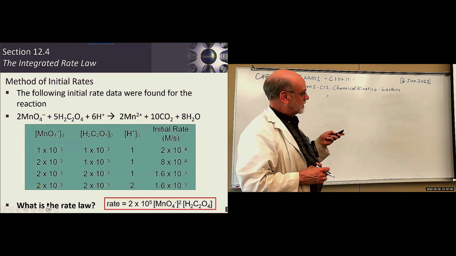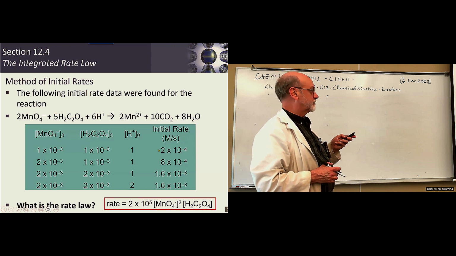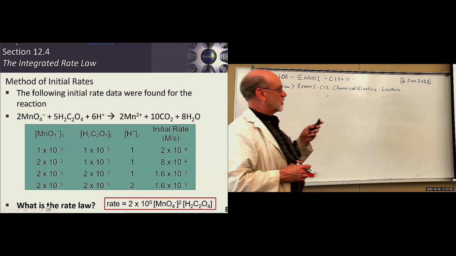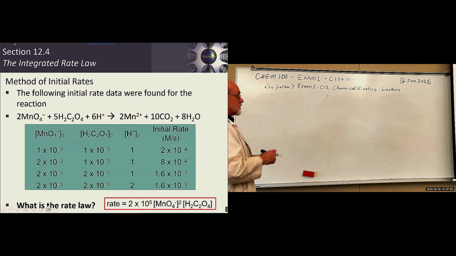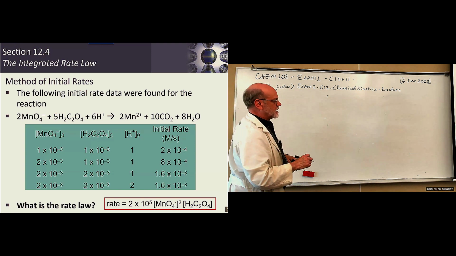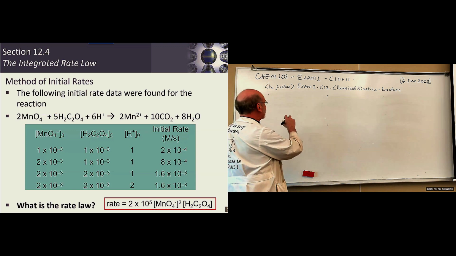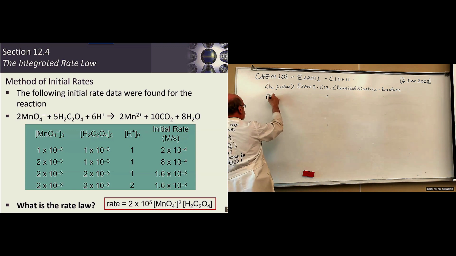So they would line up here, these would line up here, these would line up here, and then put the rate up there. Then I only have to write these down once. Okay, so for the first one, we want to do the manganate first.